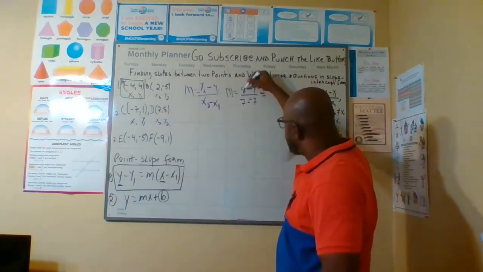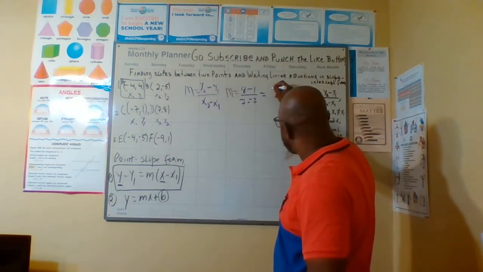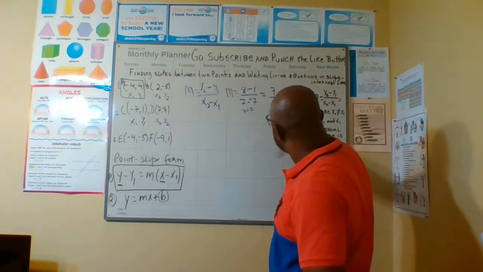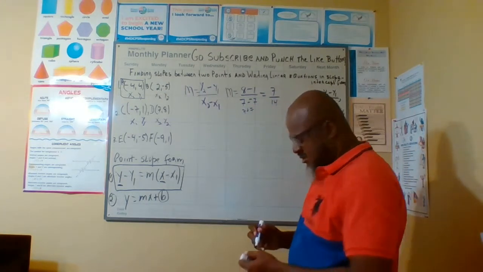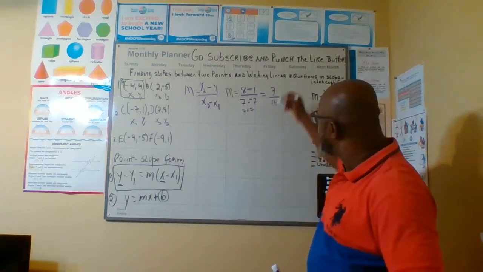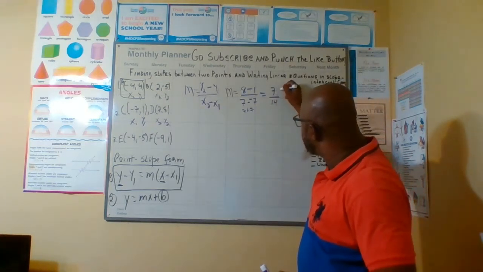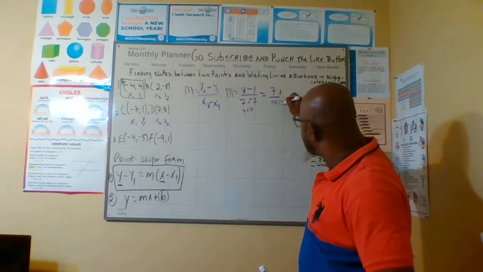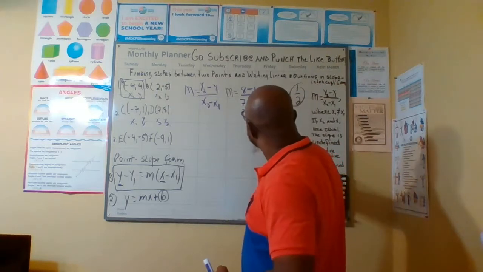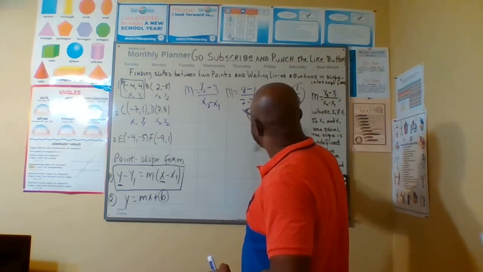So when I write my numerator out, it will be 8 take away 1, which is 7. This will become 7 plus 7, which is 14. Some of you are going to stop here, which is wrong. Both 7 and 14 have 7 in common. You have to simplify that by 7. So you will end up with 1 over 2 as my slope. My m is 1/2. Alright?